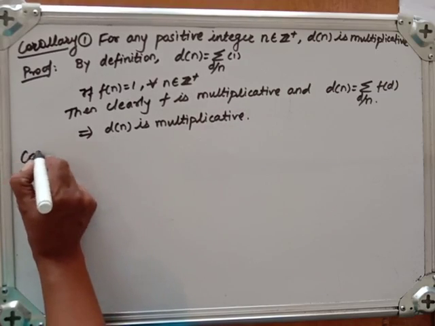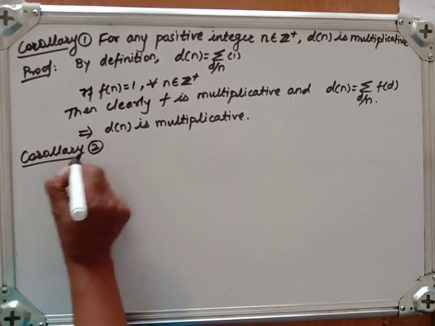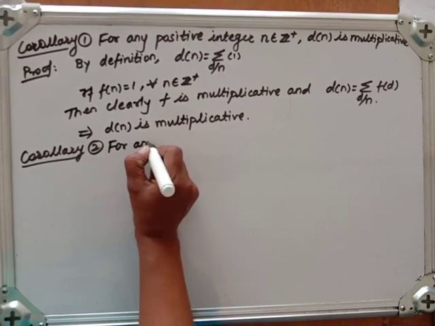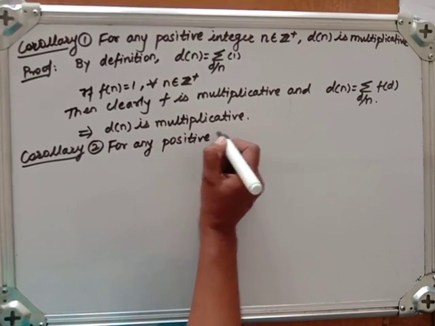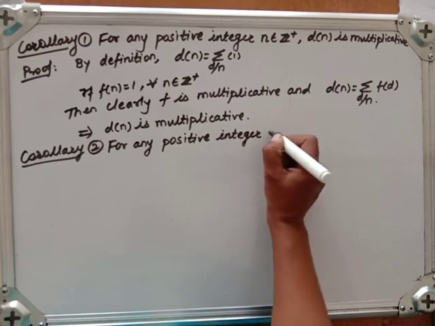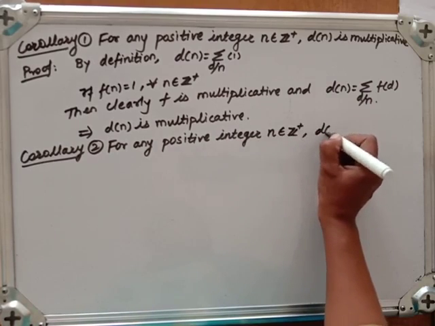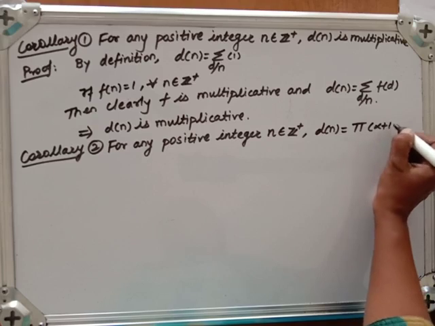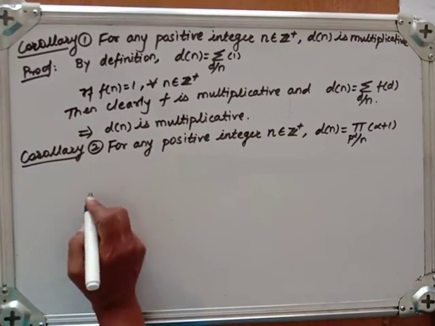Now corollary 2: for any positive integer n, d of n is the product of alpha plus 1, where p raised to alpha divides n.